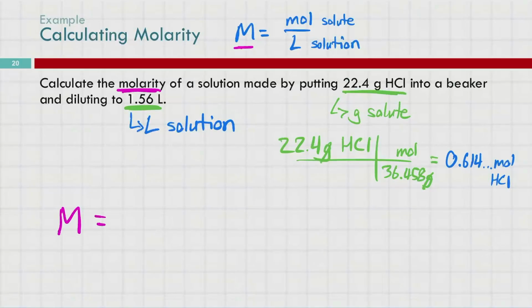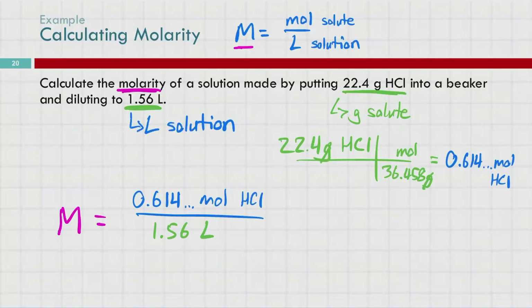So molarity equals 0.614... moles HCl over 1.56 liters, since that's our total volume.